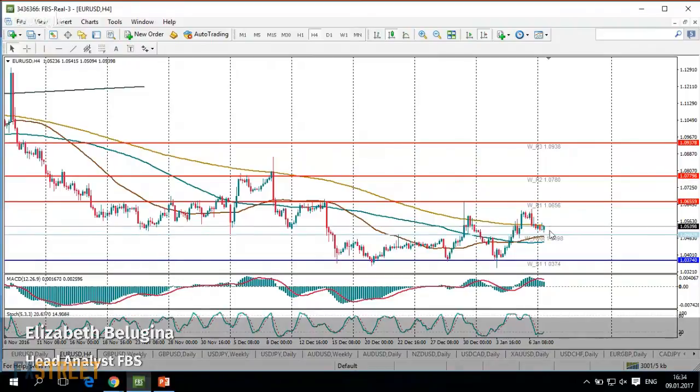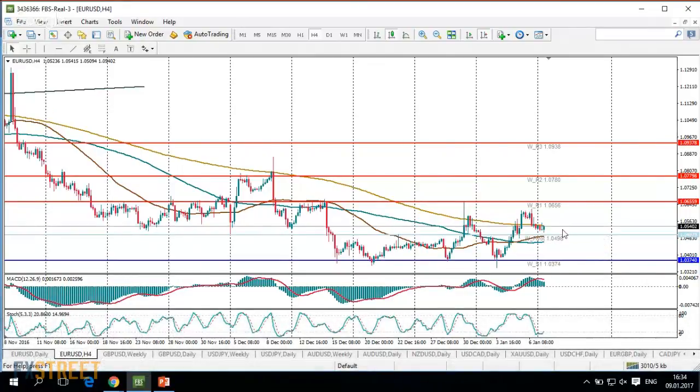We can try to enter the market on its way up, but the best way to trade this thing is below 105 to the downside, around 103.75.